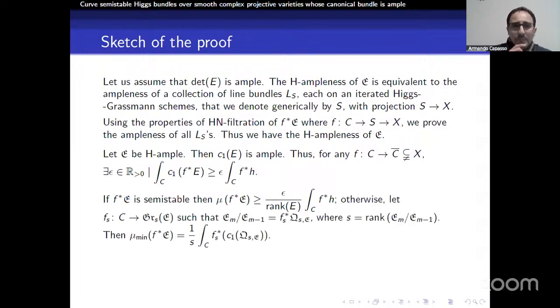First, if f pullback of E is semistable, then the slope of f pullback of E is, of course, greater or equal to epsilon over the rank of E times the degree of f pullback of H.